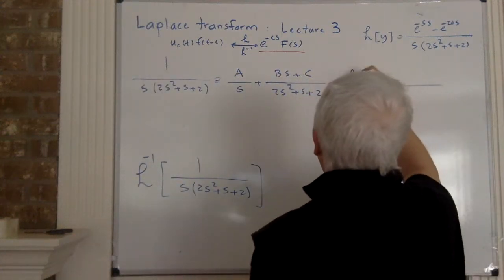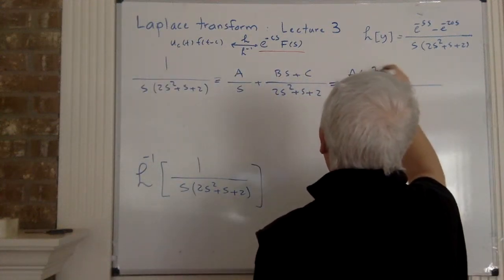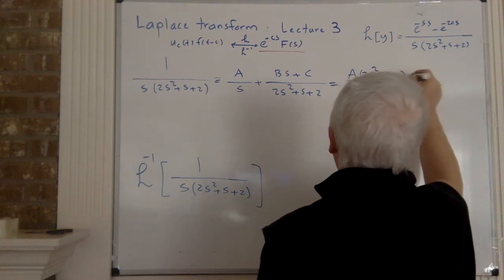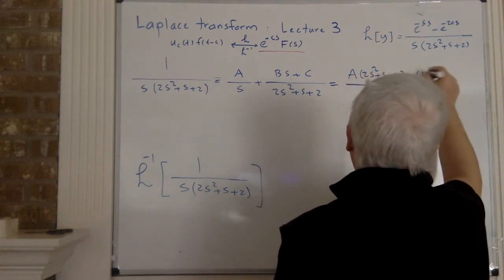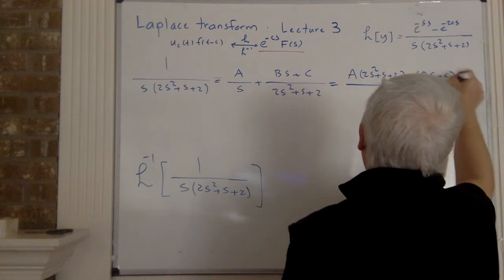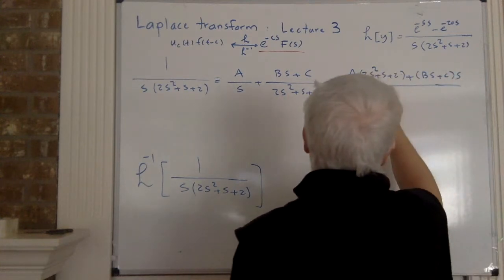So I have A times (s squared plus s plus 2) plus (Bs plus C) times s.